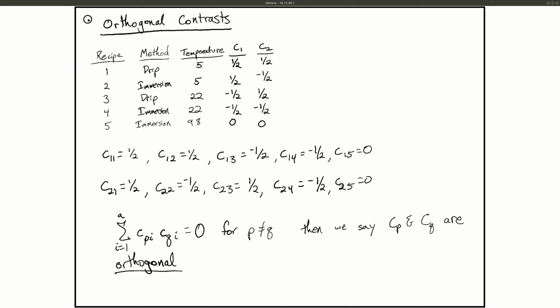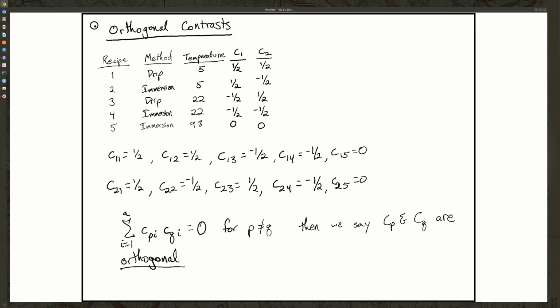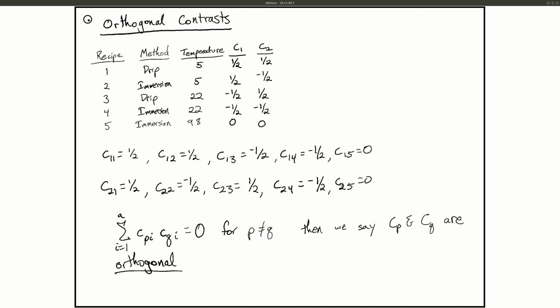Why does it matter if our contrasts are orthogonal? Why do we care? It's because if we have a set of a minus 1 orthogonal contrasts, those will completely partition the sum of squares treatment.